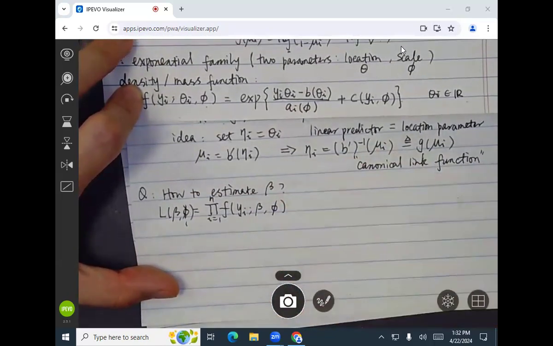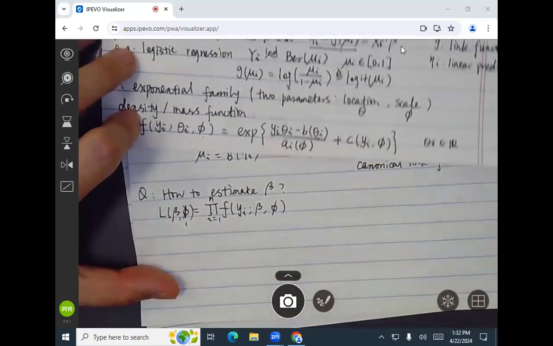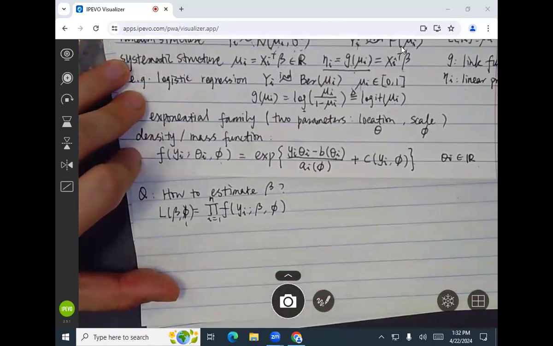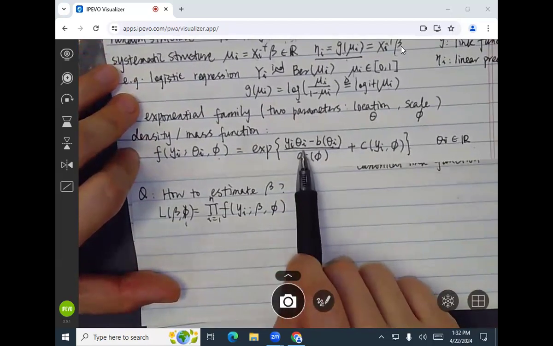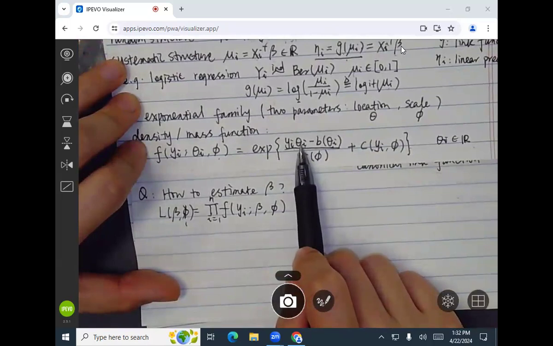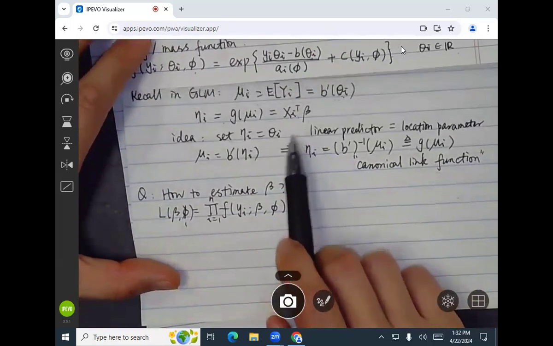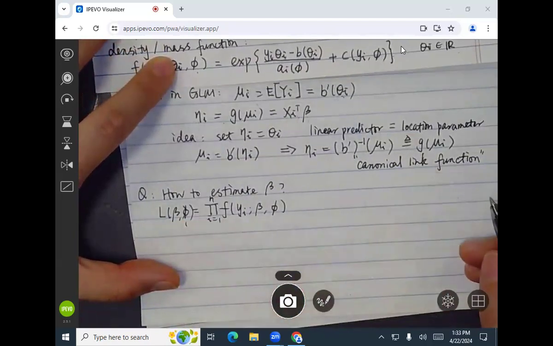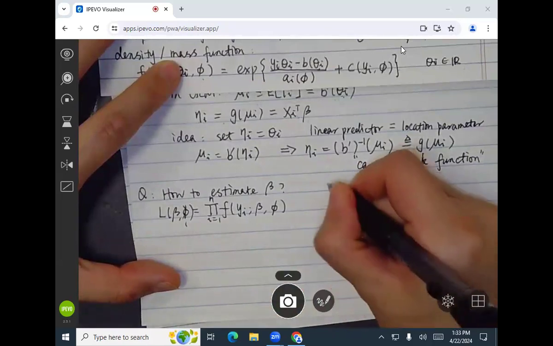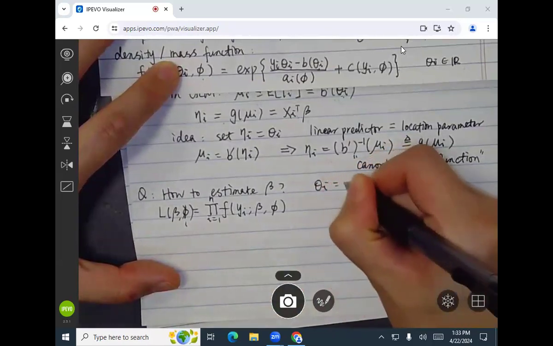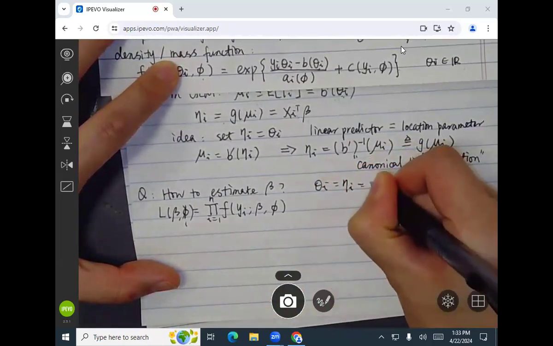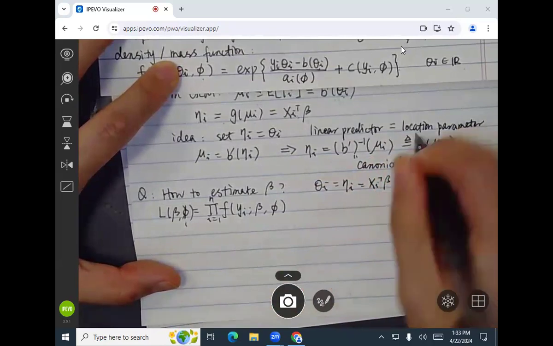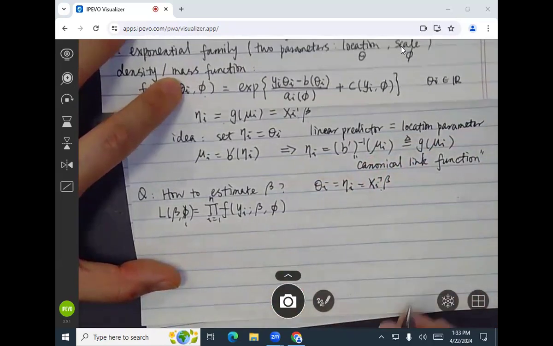All right. Then for this density function, for now, let's see how we can transform theta_i to beta. What's the relationship now? By setting theta_i to eta_i, you actually have theta_i being eta_i, which is x_i transpose beta. So these two things are now linked together.